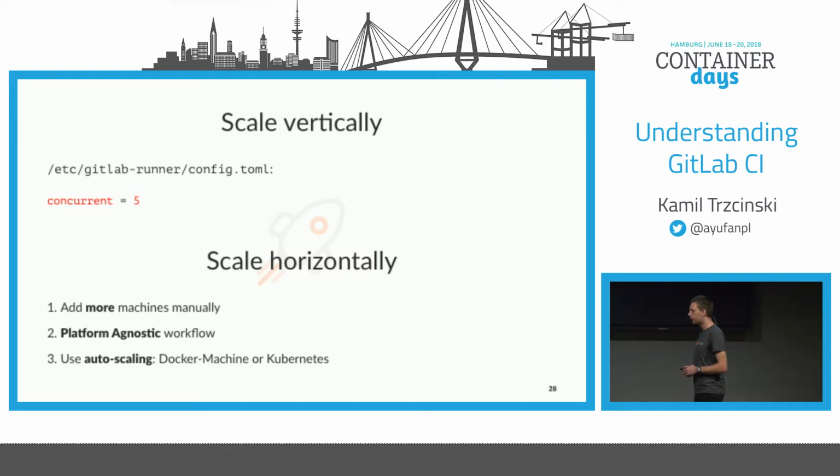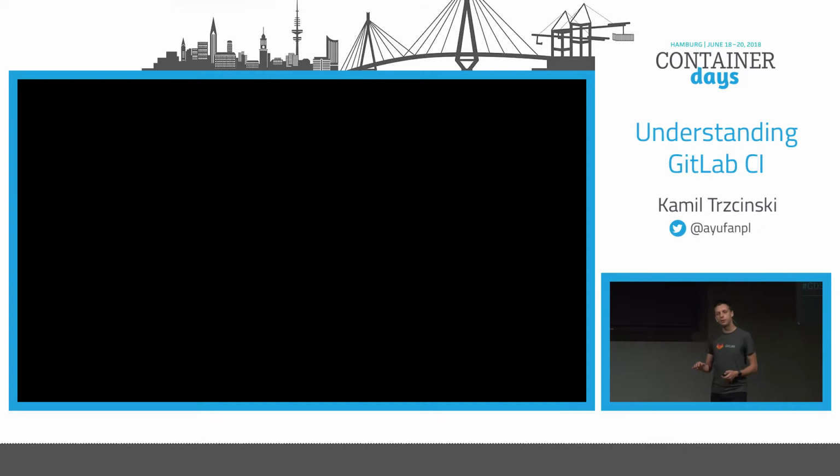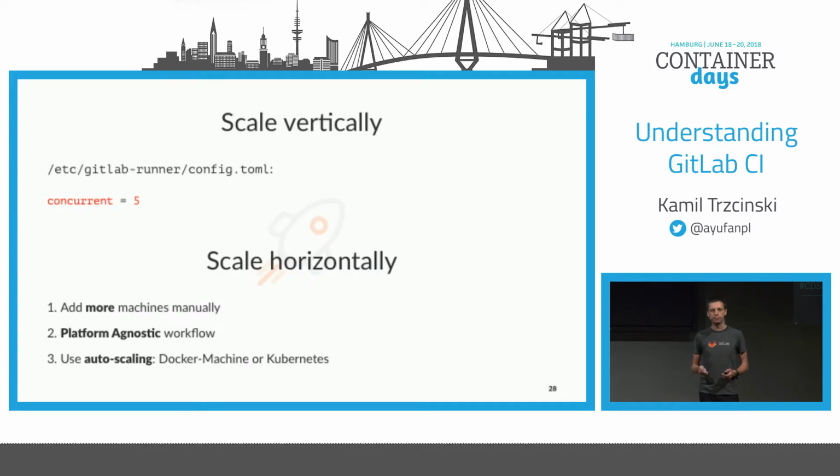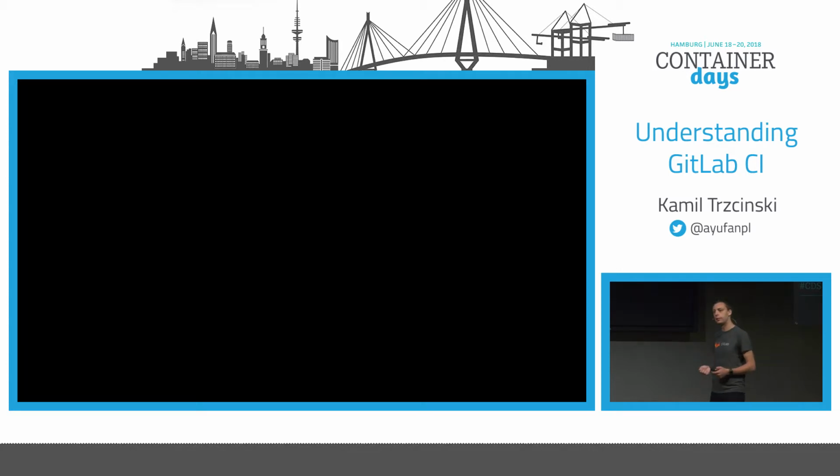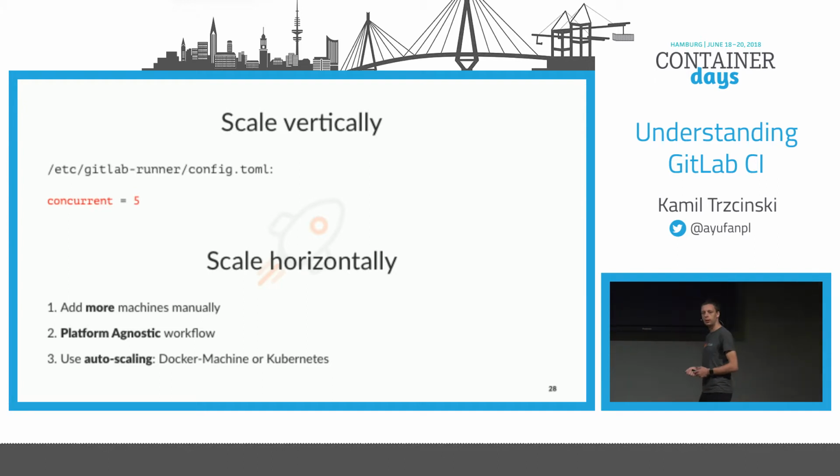So you are free to do whatever you want in terms of scaling. You can use auto-scaling if you want to run 100 or 300 jobs at a single time. This is something we do at GitLab: at idle times we have about 50 jobs running, but at peak times we process up to 2,000 jobs at a single time, and the system figures out the right number of machines to process all of that quickly.